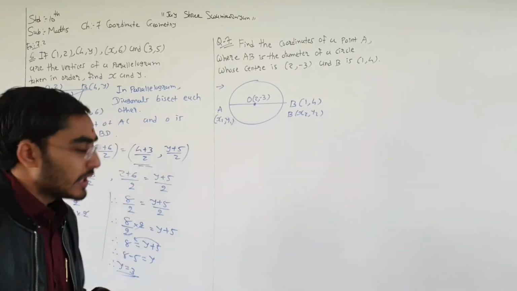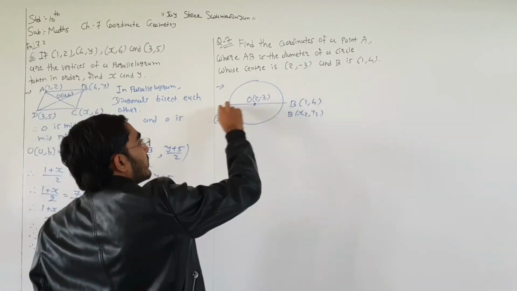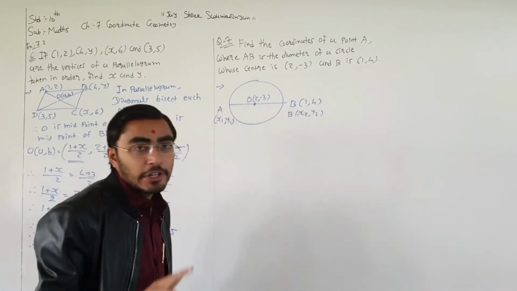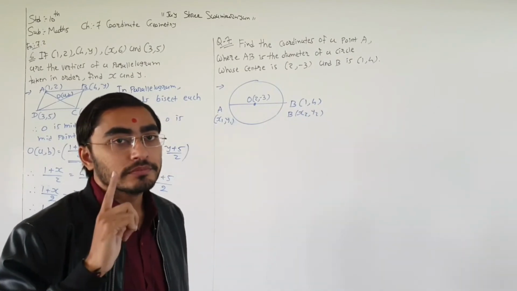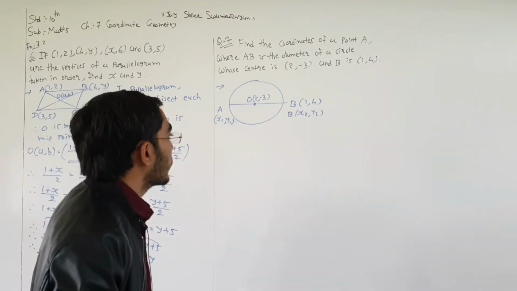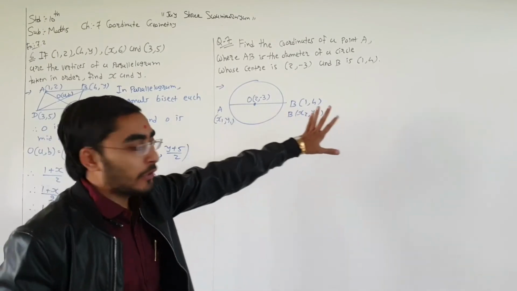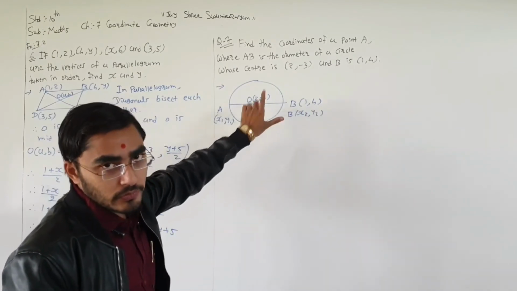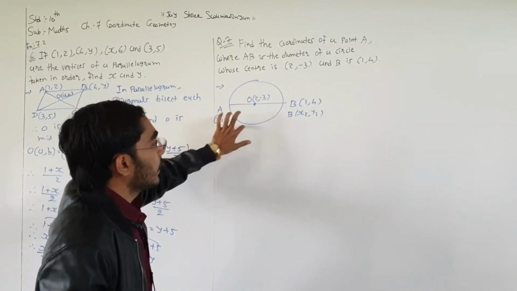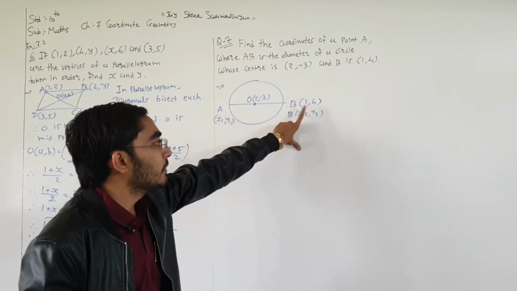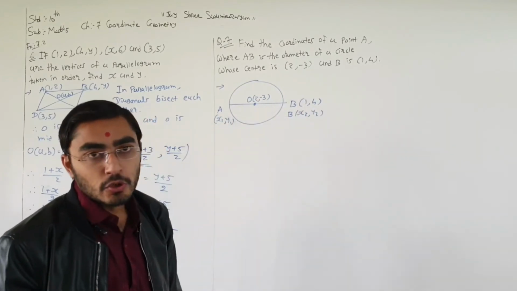Okay. We have one circle. AB is a diameter, and diameter always passes through center O. So A is (x1, y1) that we need to find. B is given to us (1, 4) and O is (2, minus 3).